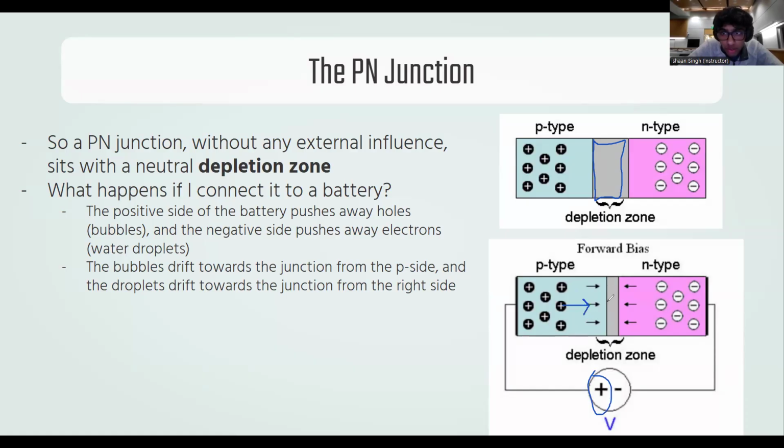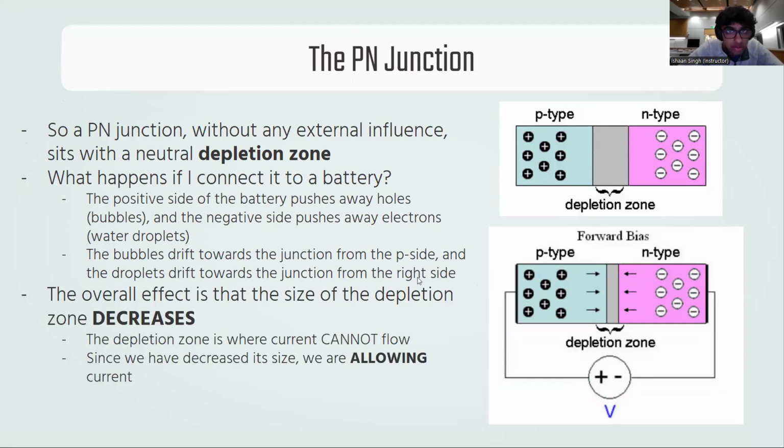And as a result, we decrease the size of the depletion zone. For the same reason, the negative side pushes the electrons into the depletion zone, and we decrease the size of the depletion zone. If the voltage is strong enough, we end up decreasing the size of the depletion zone to be really, really small, so that current can now flow through the PN junction.